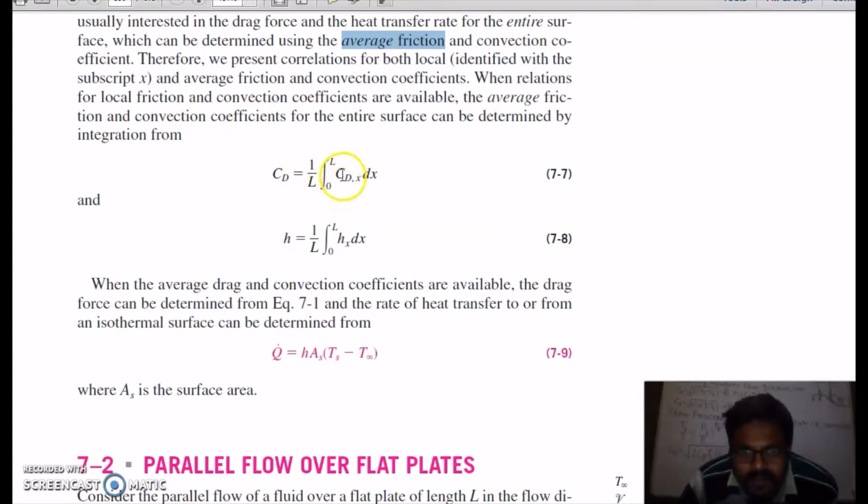Integration of the local drag coefficient over the full length will give you the average drag coefficient, and if you take the local convective heat transfer coefficient and integrate it over the full length, you will get the average convection heat transfer coefficient, and if you have this value you can find the heat transfer also.